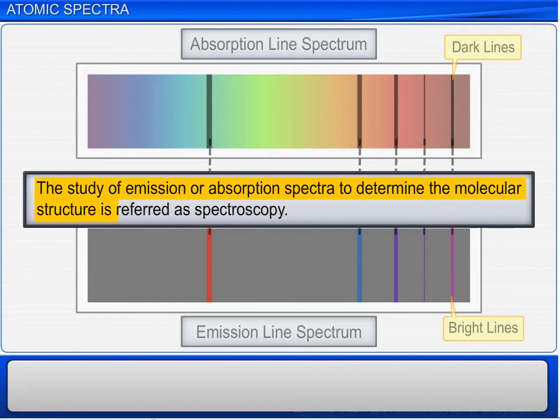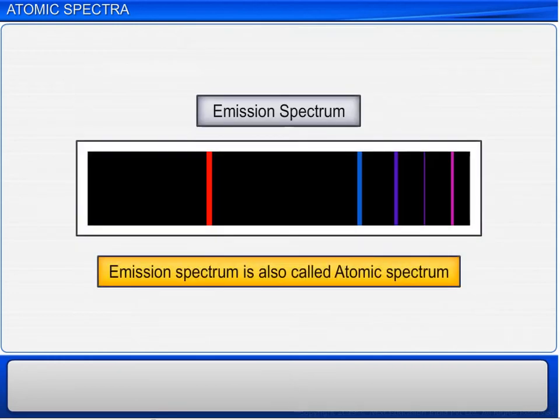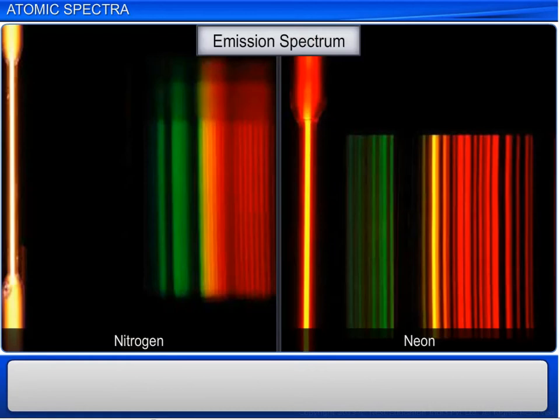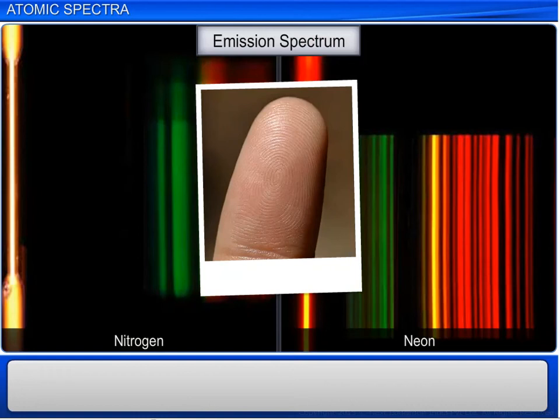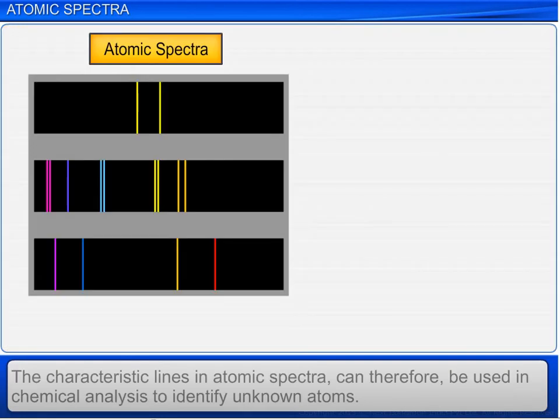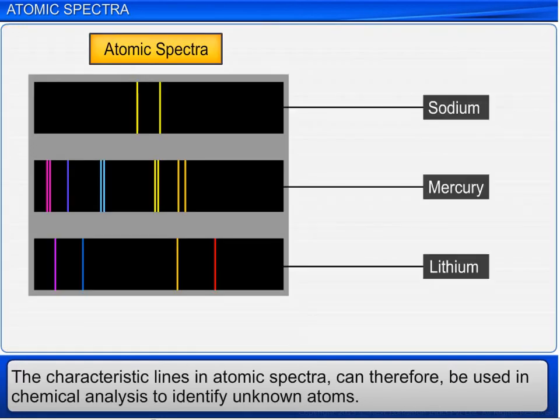The emission spectra is also called atomic spectra, sometimes, because each atom has a unique emission spectrum, just like each human being has unique fingerprints. The characteristic lines in atomic spectra can therefore be used in chemical analysis to identify unknown atoms.